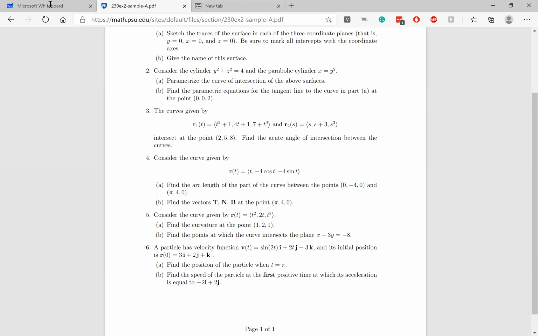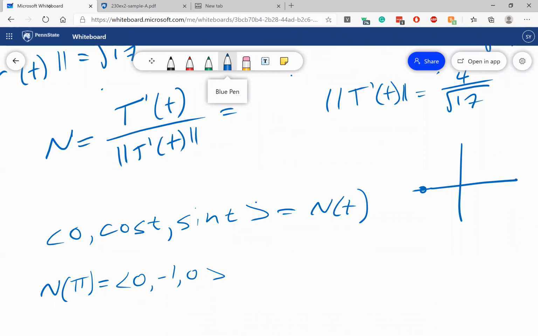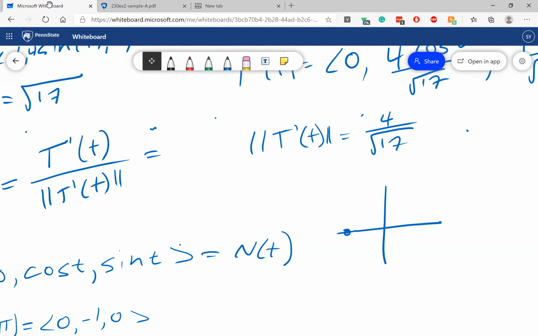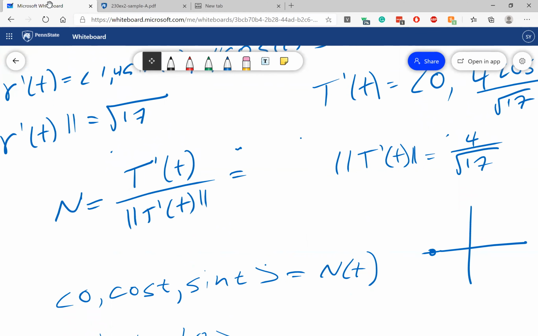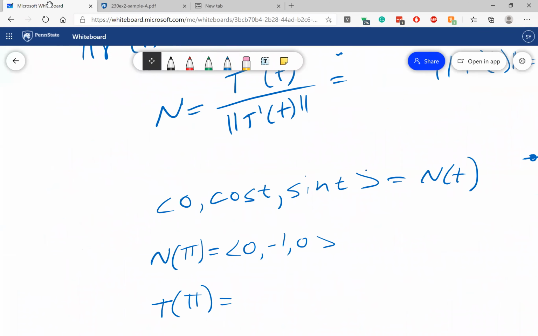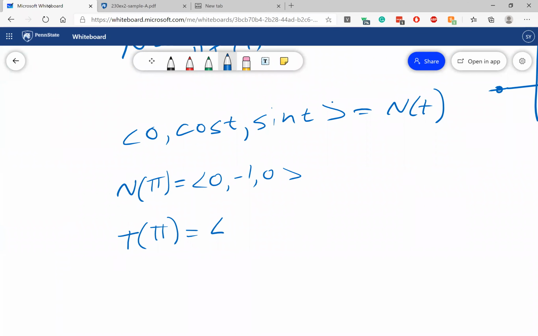Oh, okay, so then that would be N. So then T of pi would be equal to 1 over the square root of 17, 0, 4, all over the square root of 17.